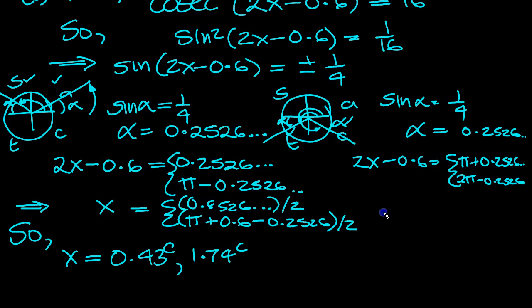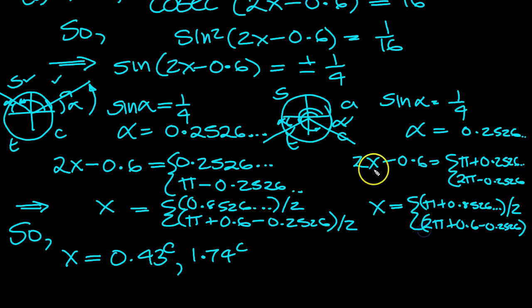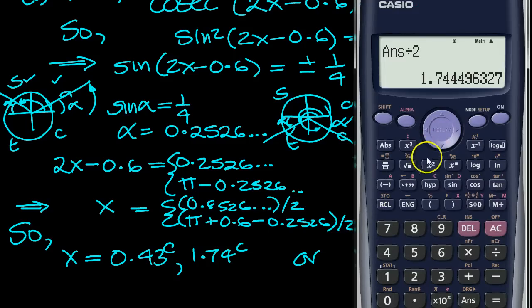Okay, so that tells us what x is then. So add 0.6 here, pi plus 0.8526. It was 2x when we moved that over, so we need to divide that by 2. And here it's 2 pi, and then move the 0.6 over, plus 0.6 minus 0.2526. When we move the 2 underneath to divide, we get the answer. So x is equal to here. Shift pi, and the first one was plus.